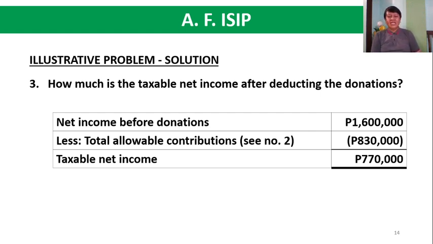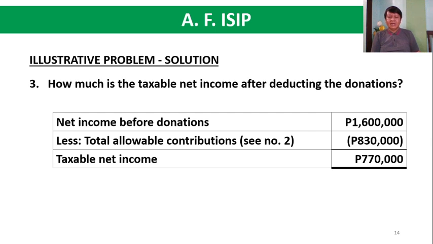If there is no donation, our tax will be 30% multiplied by 1,600,000 pesos. Whereas, because of these donations, our net income was reduced to 770,000 pesos. Therefore, the tax that we are going to pay is 30% of 770,000 pesos. So you can see the reduction in taxable net income because of these donations.